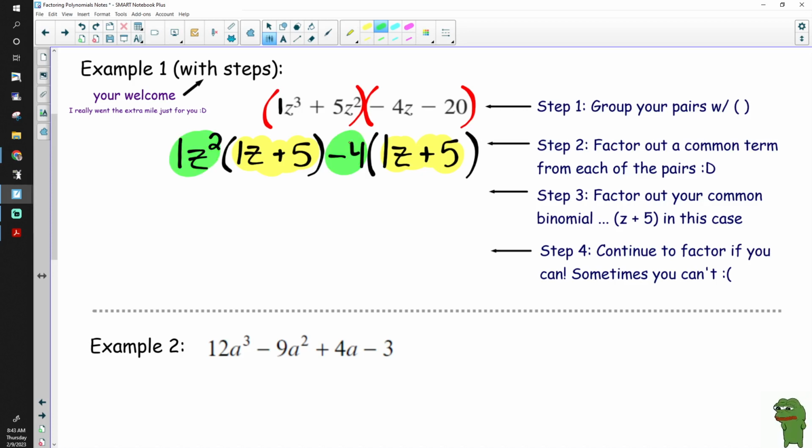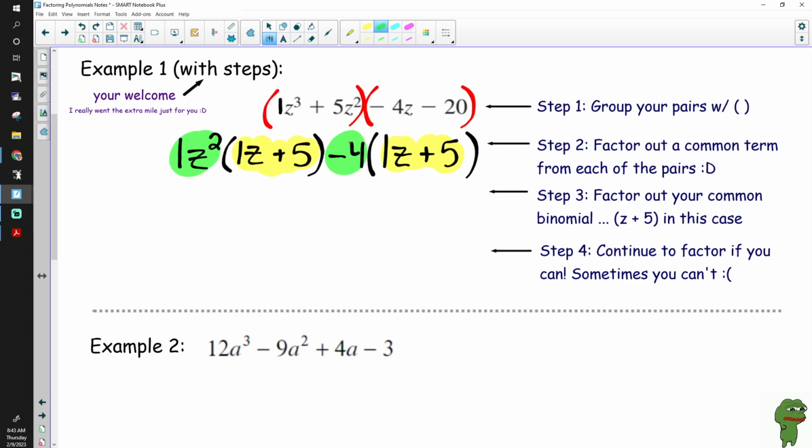Here you're going to have to bear with me. To understand this, you have to look at this first clump as one term, and this second clump as a second term. All of that is one term, all of this is one term. And what do both terms have in common? They both have a z plus 5.